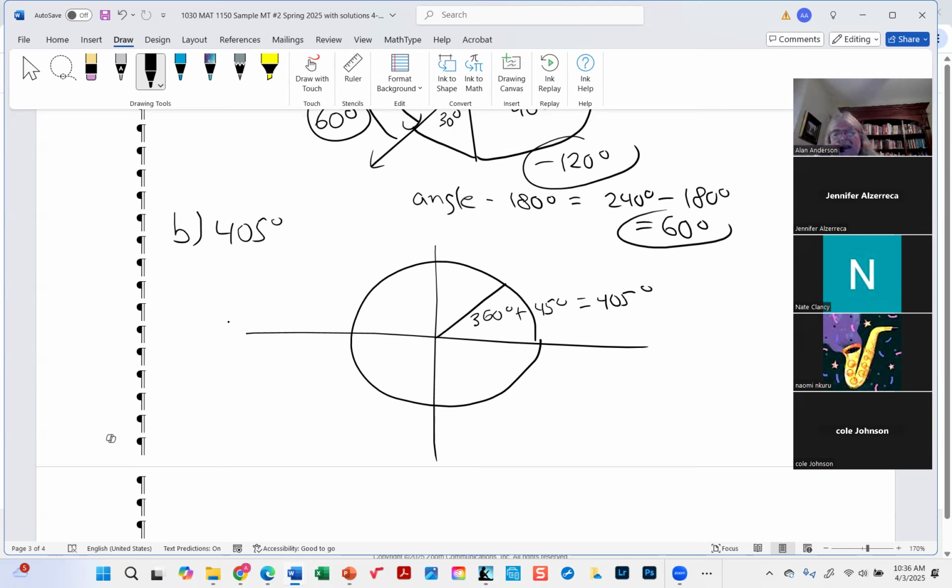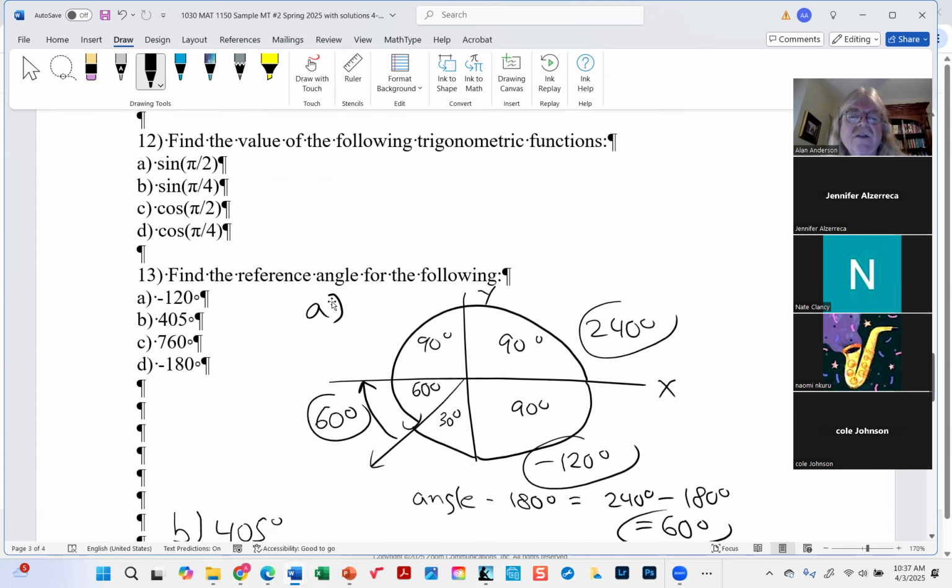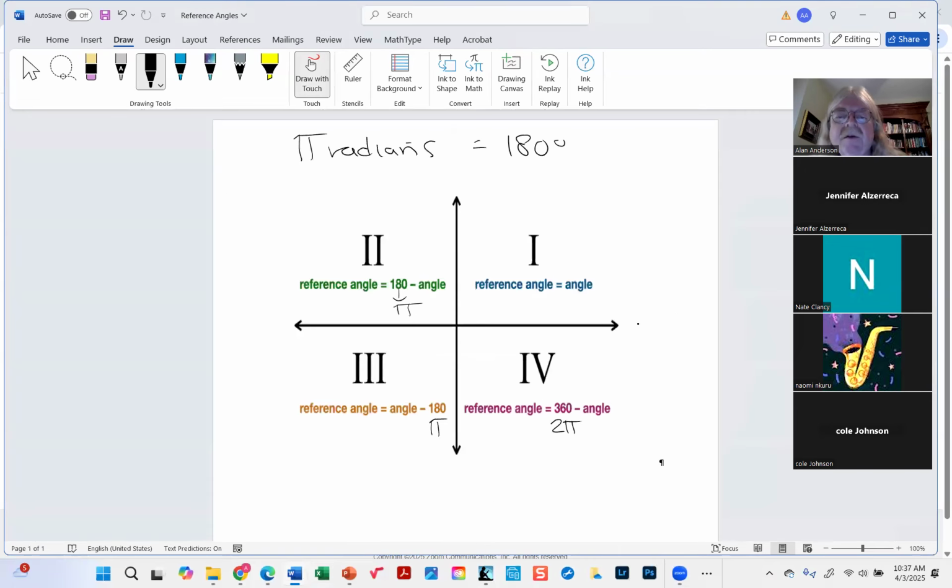So we don't need to deal with the 405. The 405 is a very large number. What we normally do is we reduce it to the actual number of degrees that you've traveled into the first quadrant. So we would say that 405 and 45 are actually the same angle. But as far as reference angle goes, it's probably simpler to use the 45 degrees in our formula, which in the first quadrant, interestingly enough, the reference angle is just whatever angle you have.